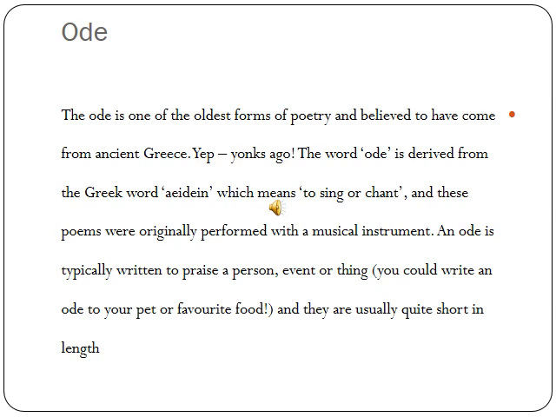You could write an ode to your pet or favorite food or your daddy, or for winter or for summer or for land or whatever. It is typically written to praise, to praise Allah or whatever. And they are usually quite short in length.